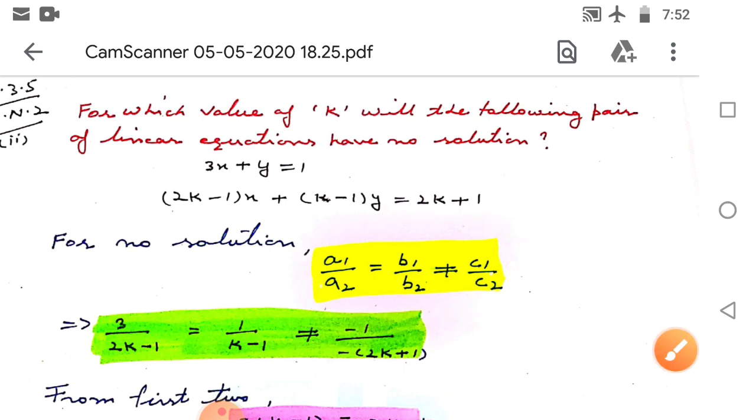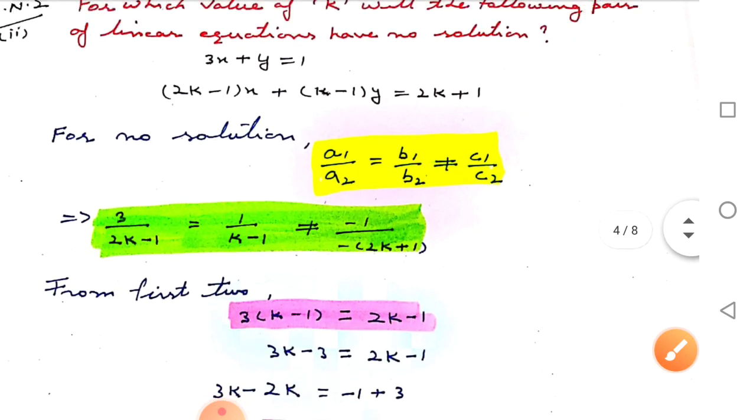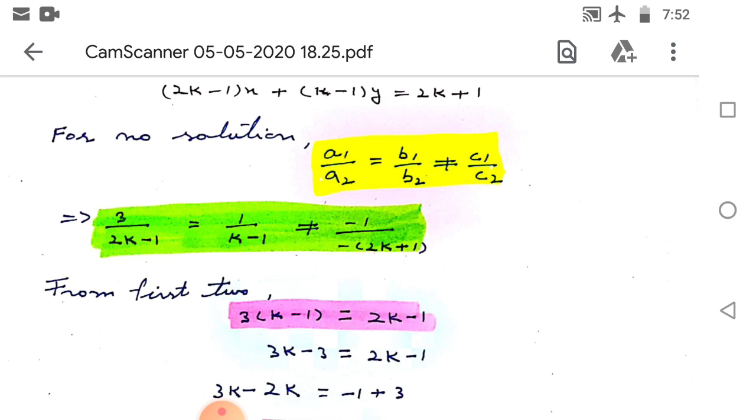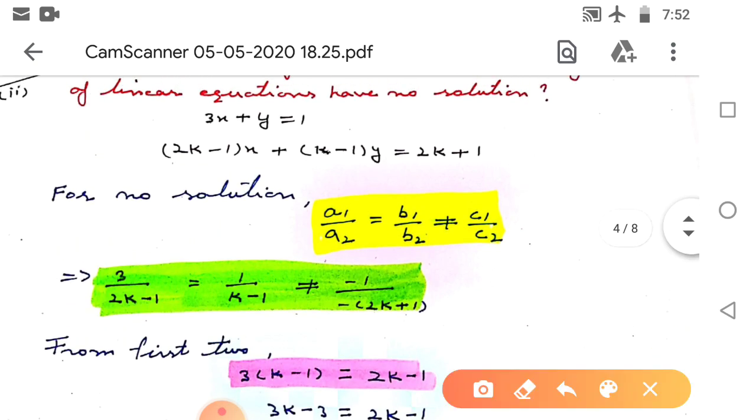So, put the values of a1, a2, b1, b2 and c1, c2 here. Look here. a1 is 3, a2 is 2k minus 1, b1 is 1 here, and b2 is k minus 1, and c1 is minus 1, and c2 is minus 2k plus 1.